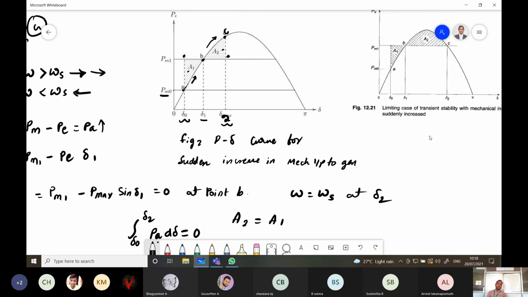Because the speed reduces below omega s, now the speed is less than omega s.